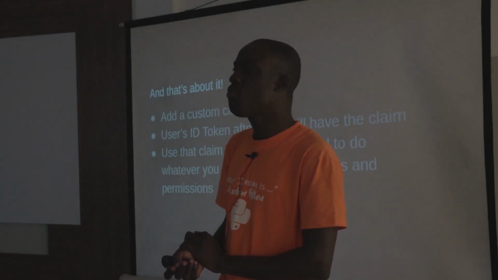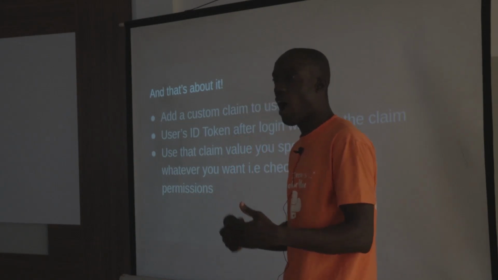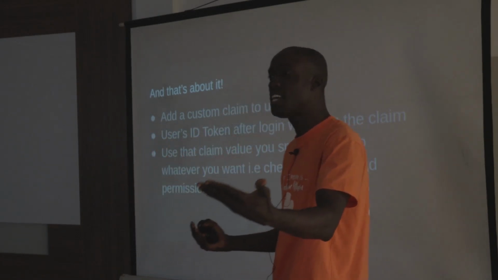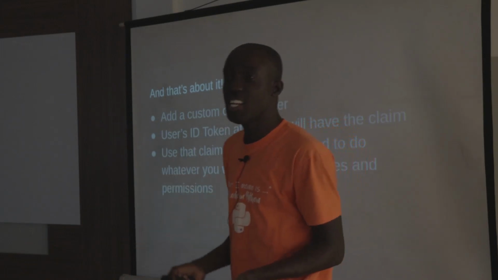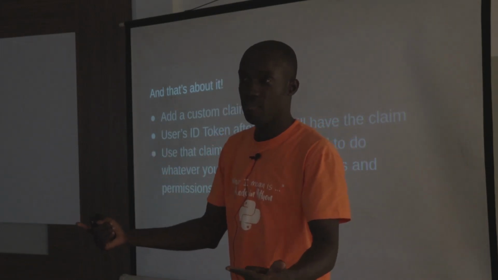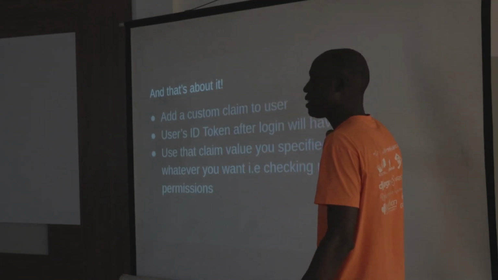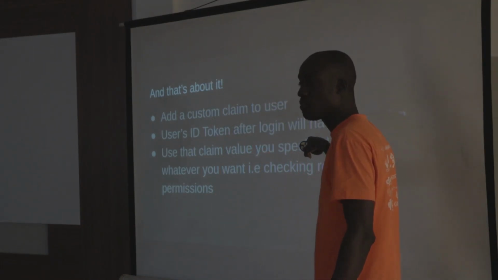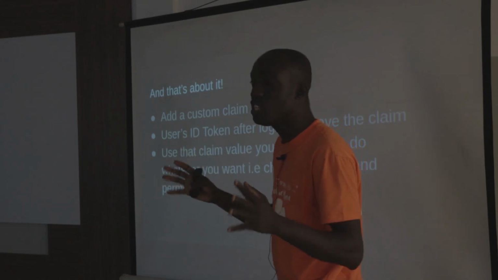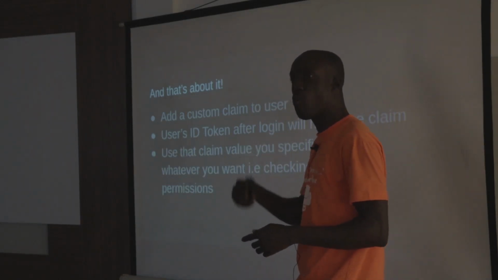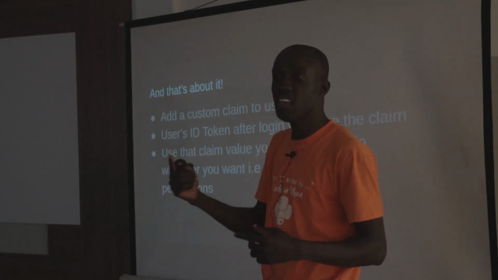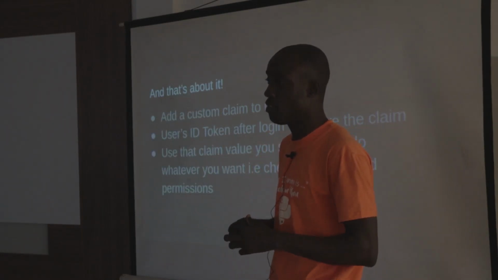Now, you might be wondering why. Because when you log in, the ID token is sent. To update the ID token will require a re-login. And so after setting the custom claims, or changing it, or updating it, it will be necessary for that user to re-log in before whatever changes take effect.